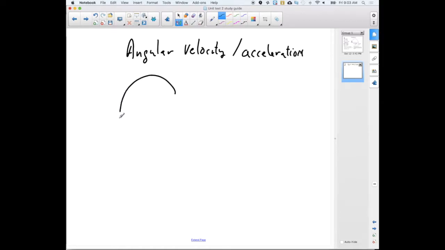Suppose I have an object that's going around in a circle, maybe a record player, and I want to describe the motion of the record player itself. One thing I can talk about is that a typical record player is 33 1/3 RPM, 33 1/3 revolutions per minute.